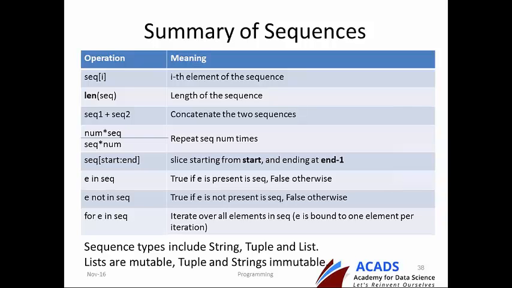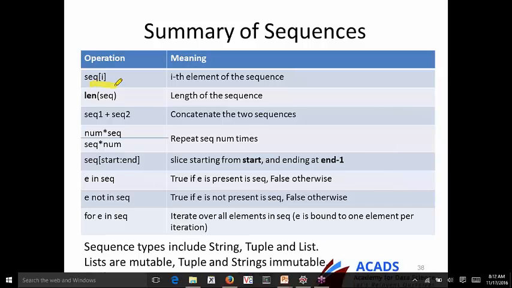This is one of the strengths of Python, that you can replace one type by another without changing a lot of your program. You can try different types of sequences and see what works best for you. The examples that we saw are of indexing, where you can find out the element at a specific position. We can figure out the number of elements in a sequence. We can do concatenation, repetition, and slicing.